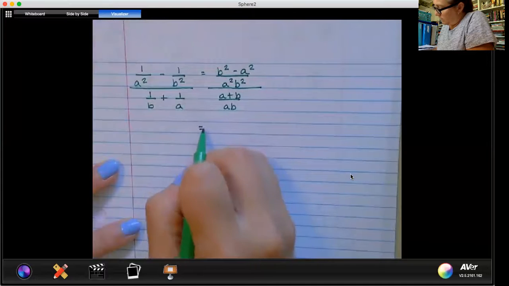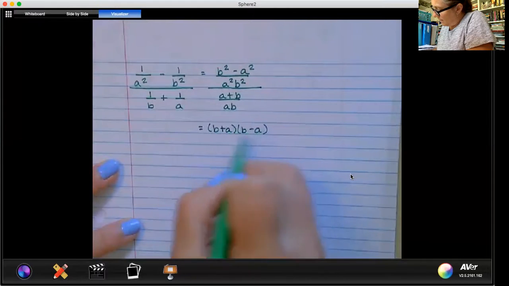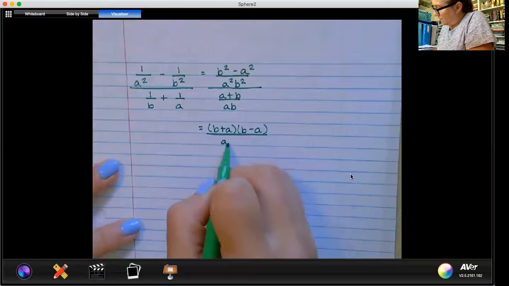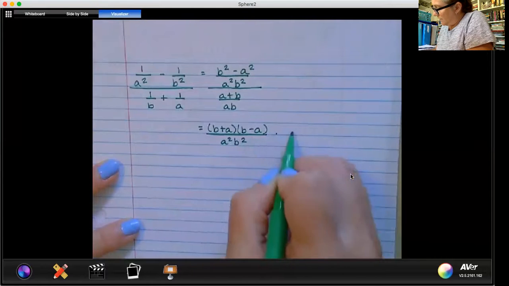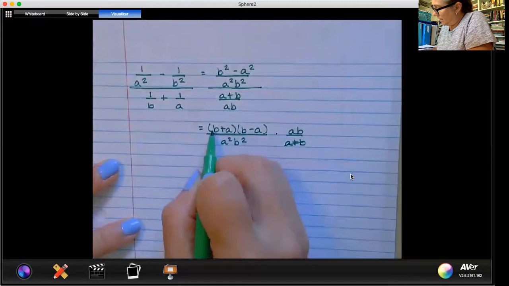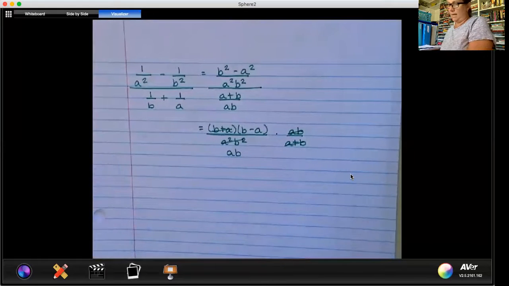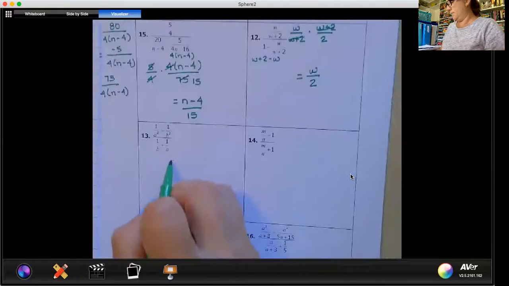And then I'm going to do b plus a, b minus a over a squared b squared times ab over a plus b. And I'm going to cancel, and I'm going to cancel, and I get b minus a over ab.